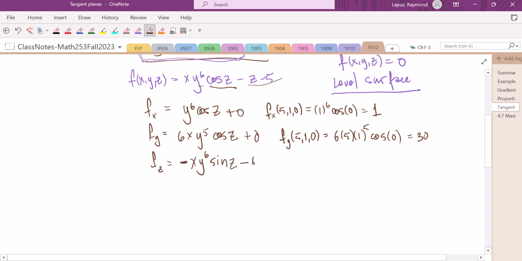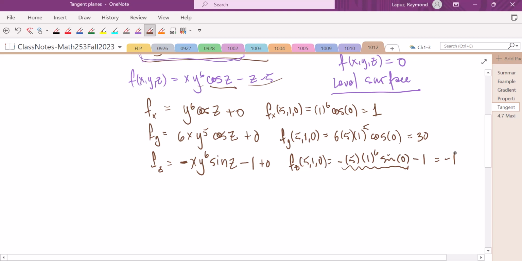The derivative of z is 1, and then the derivative of negative 5 is 0. So this is our derivative with respect to z, and now let's evaluate at (5, 1, 0). I get a negative 5 in for x, 1 in for y, and sine of 0 is equal to 0. So this first term will be equal to 0, and you just have negative 1.